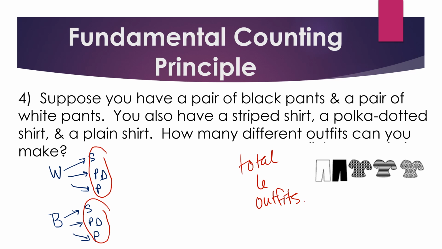An even easier way to do it, because if you're doing just a couple things, it doesn't take any time, but if you've got several different combinations, you take the total of one item and multiply it by the total of the other item to get 6. So either way, you got 6 outfits with your 2 pair of pants and your 3 shirts.